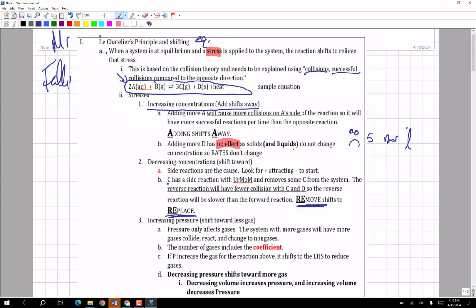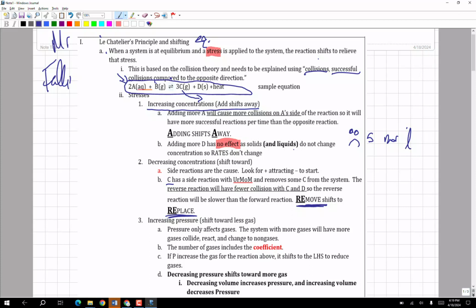So substance C has a side reaction with something and removes some C from the system. If I remove C, it's gone. The reverse reaction, going from right to left, will have fewer collisions with C and D, so the reverse reaction will be slower than the forward.